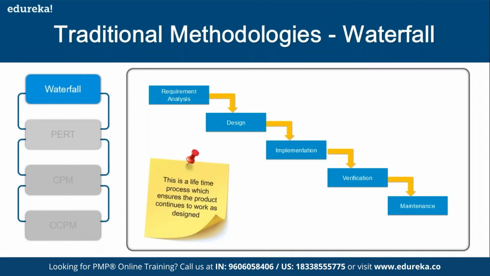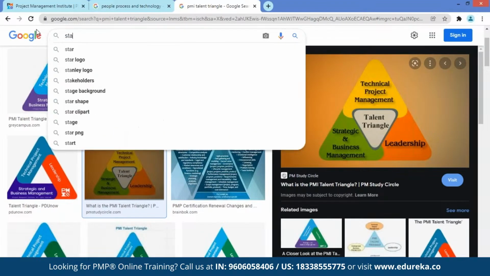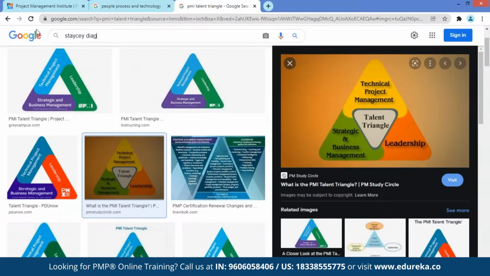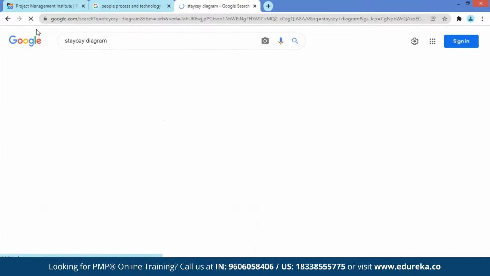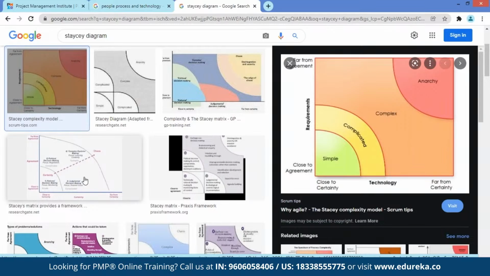So if you take a step back again and look at the Stacey diagram, this will be a very important philosophy for us to handpick the appropriate methodology for the project, right? We talk about two things. One is requirements, and the second is technology.